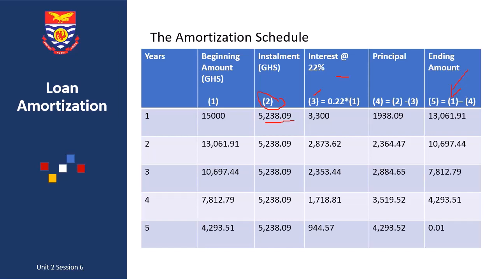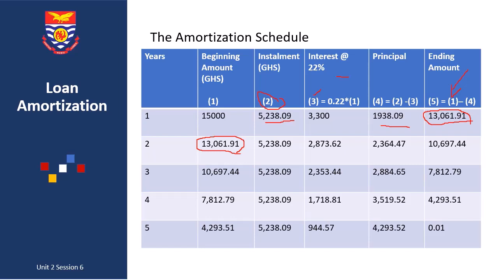So the beginning balance minus the principal amount will give you the closing figure of the loan. So the closing amount in year 1 becomes the opening amount in year 2.